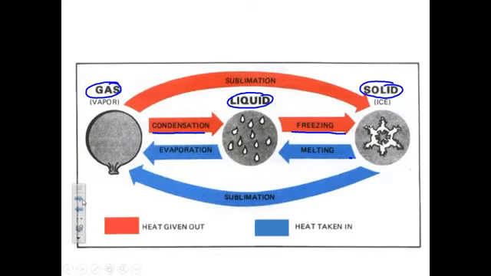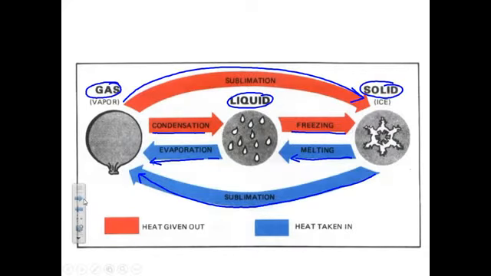If we add energy, we go from melting to evaporation. And then remember your terms, going straight from a solid to a gas and a gas to a solid. Notice your red is when heat is given out or released, and the blue is when heat is absorbed.